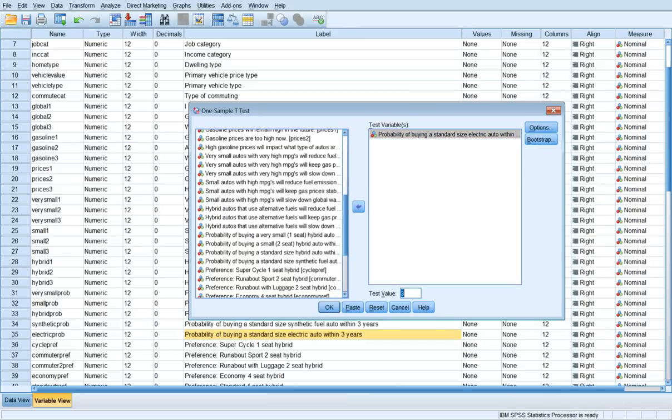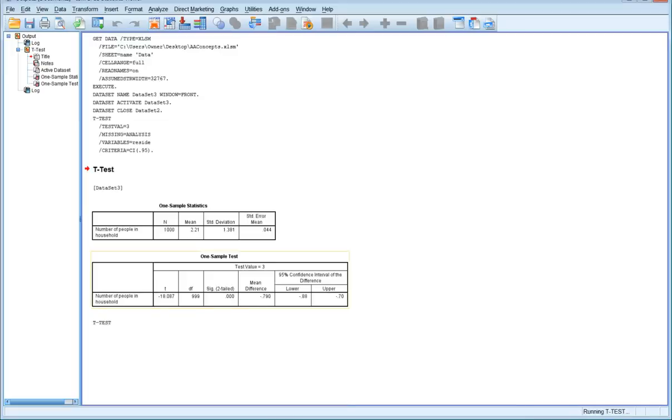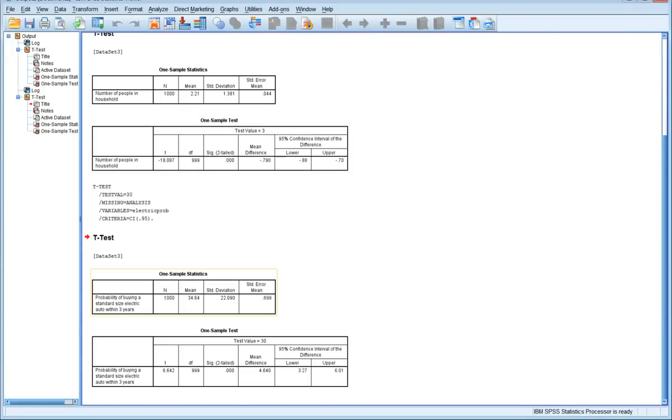And I want to compare if it is equal to 30, because this is the number we used in the other examples and during our practice session. Click OK. And again, the first table tells us that the probability of buying a standard size electric auto within 3 years has 1000 observations, and within the sample the mean is 34.64.